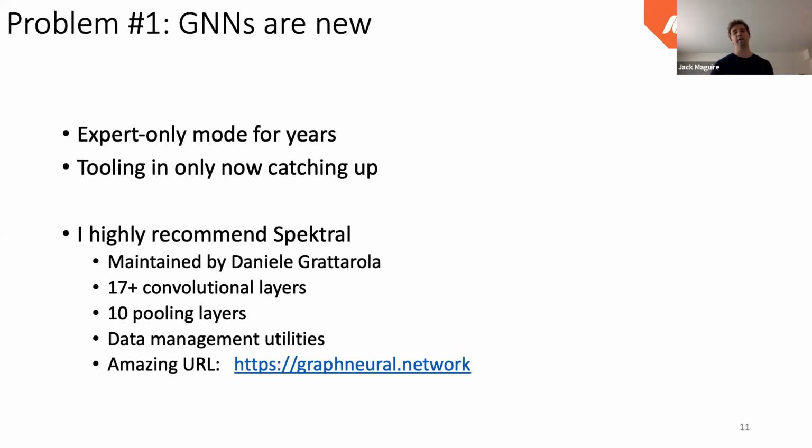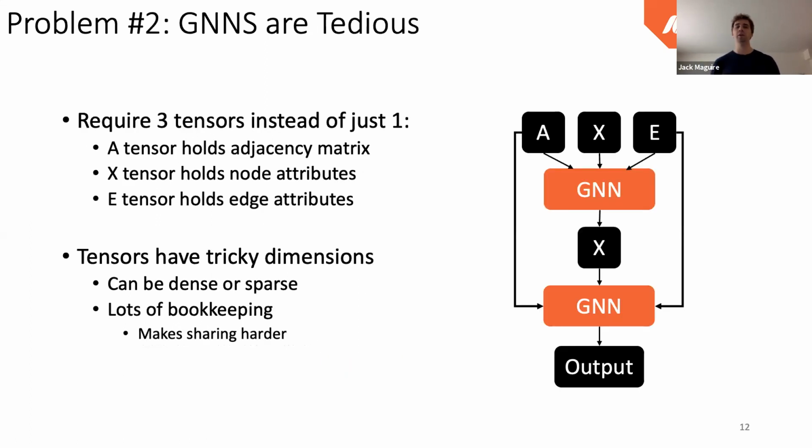And I think Spectral has one of the best URLs out there. It's graphneural.network. So there's no real solution to problem 1 because we just have to wait. But in the meantime, Spectral is great for beginners. It's a very mature package, and I highly recommend looking into it. That's the quick one. 2 and 3 are going to be a little bit longer.